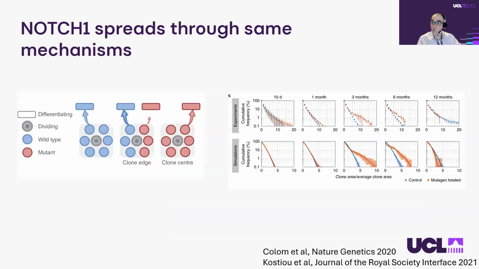Notch also seems to spread through the same mechanisms. Again, the single progenitor model where differentiation is suppressed is capable of describing clone size distributions and global takeover. But we start to see something more interesting going on with Notch as well.